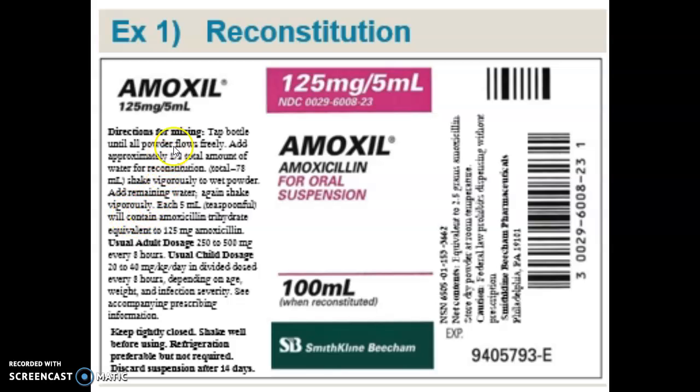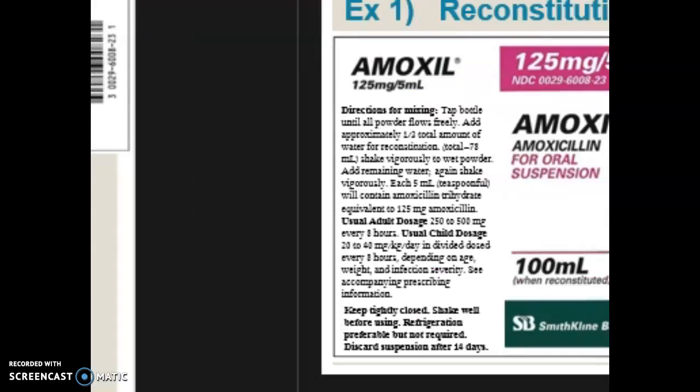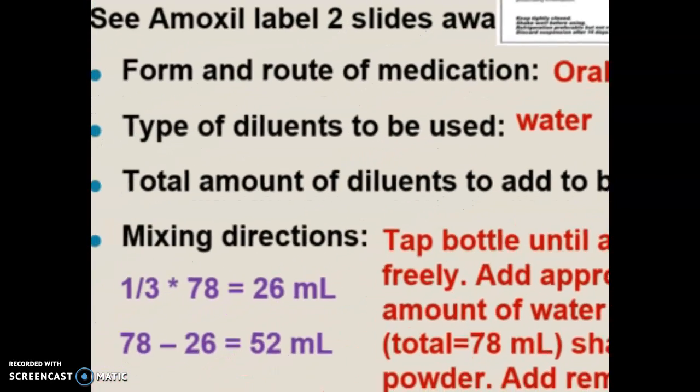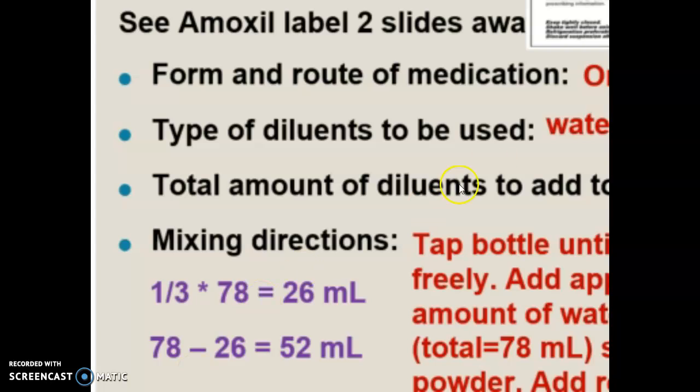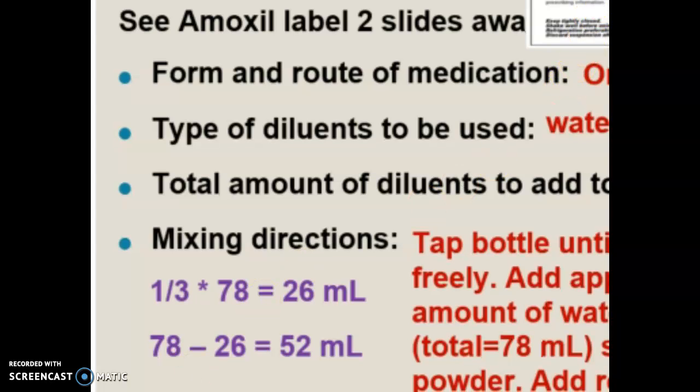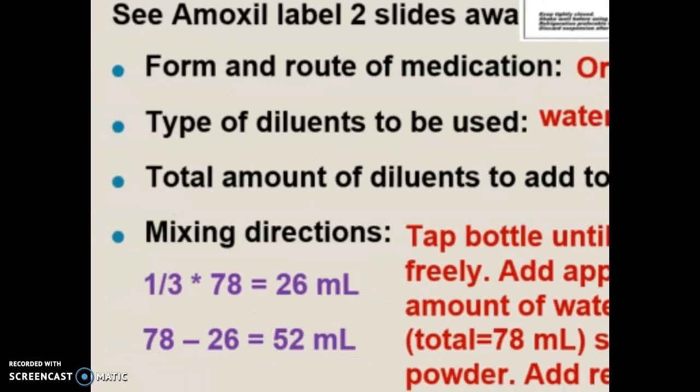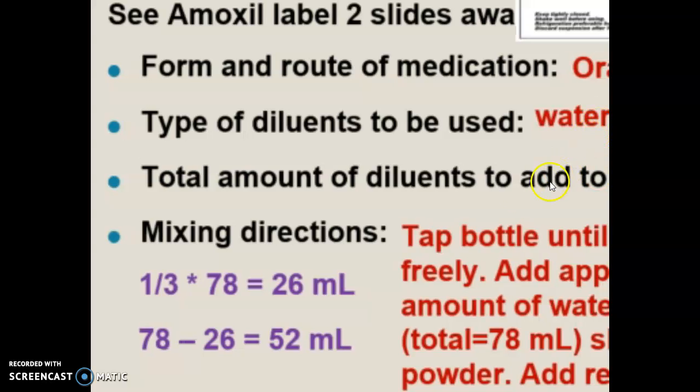Now, I want to talk to you about this, add approximately a third of your total amount. Let me slide this screen back over here so you can see what I'm talking about. So, our mixing directions. This is the part I wanted you to see.